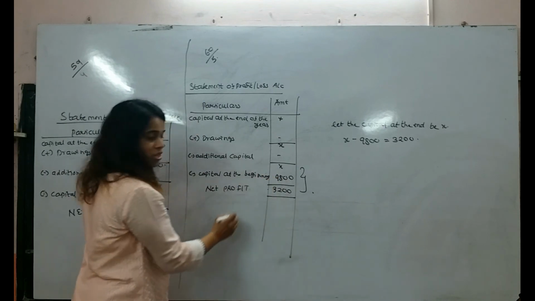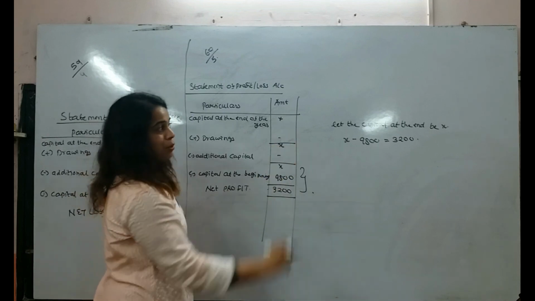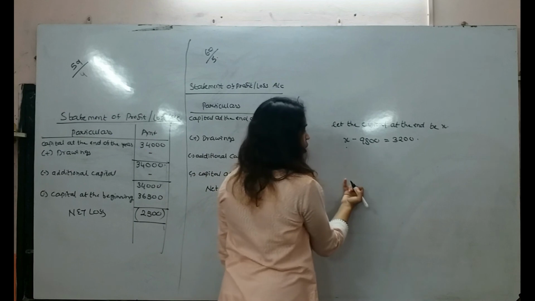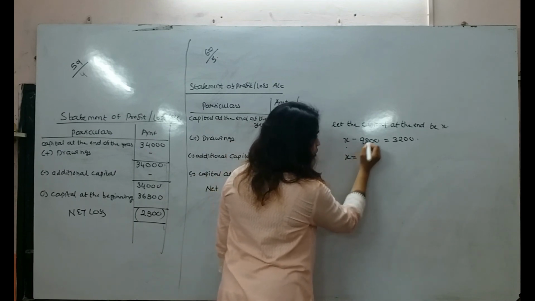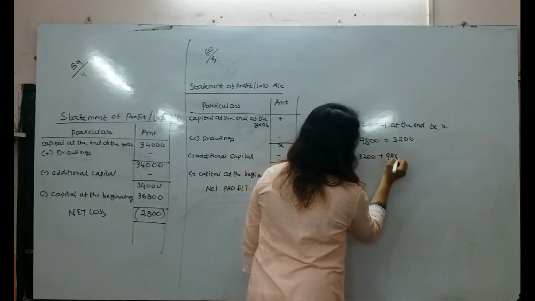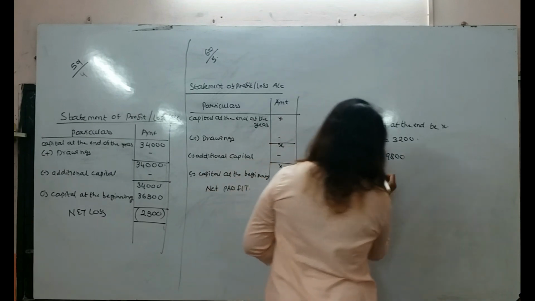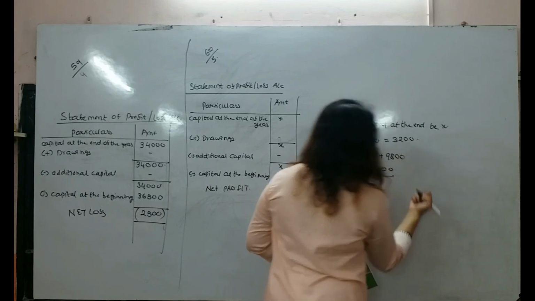And what calculation did I get here? x minus 9,800 is equal to 3,200. I need to find out the value of x. So how will I find it? x is equal to, minus will become plus, 3,200 plus 9,800. Thus, x is equal to 13,000.